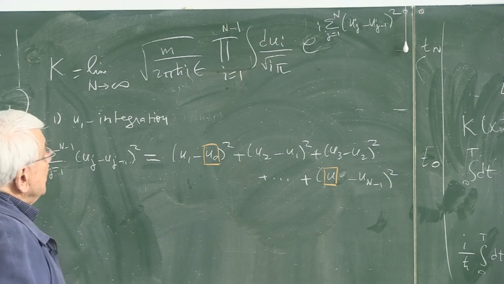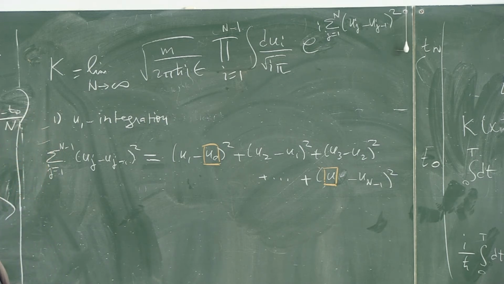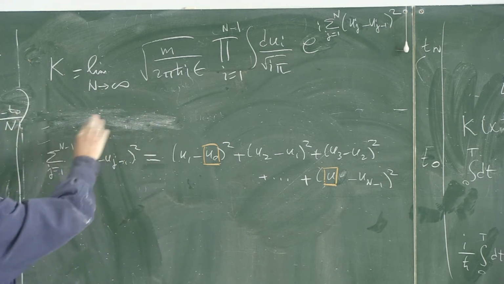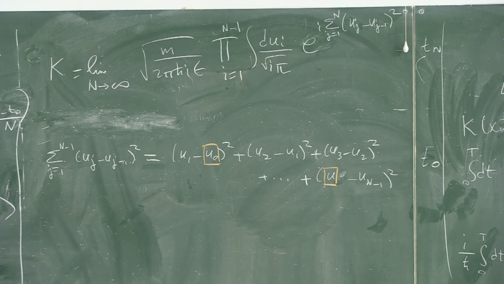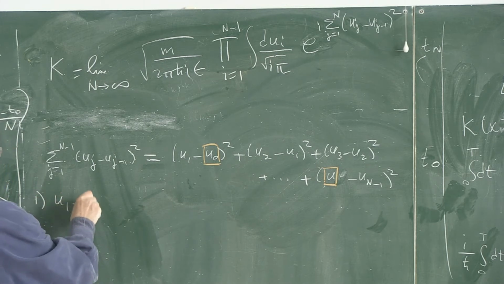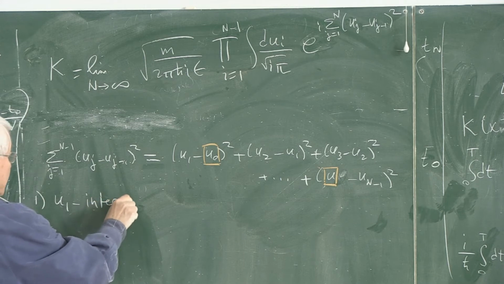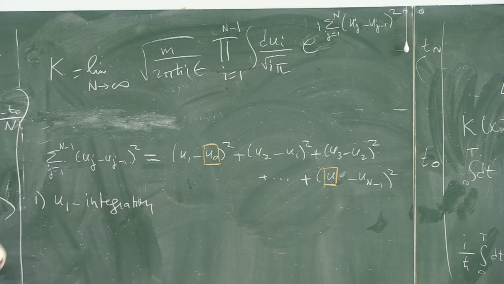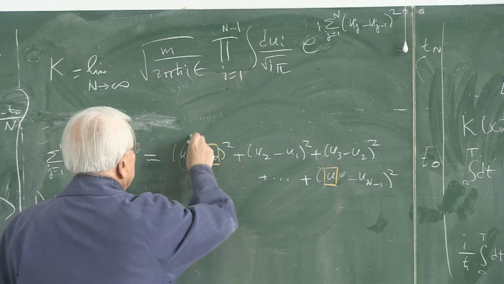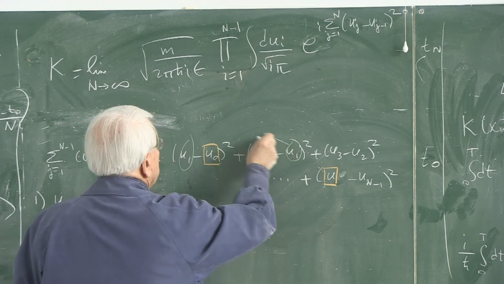If we are going to carry out the u1 integration, perhaps I have to, for aesthetic reasons again, mathematically correct, let me expose this and then start the u1 integration, because this is independent of the order of integration, right? So the first step is u1 integration. Well, to carry out the u1 integration, I should label it with a different color. There's u1 in here, and u1 in here.